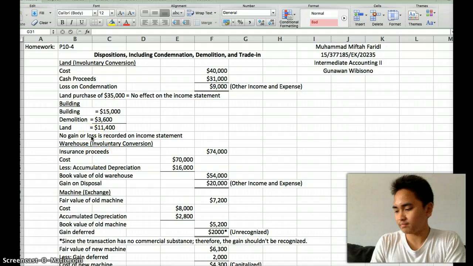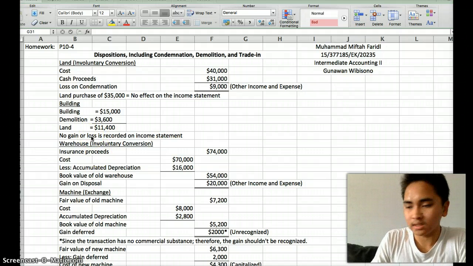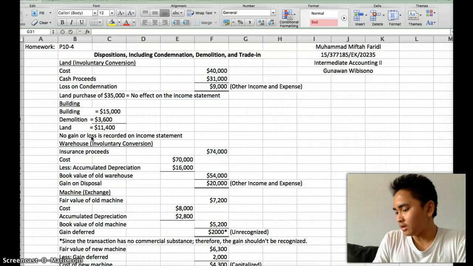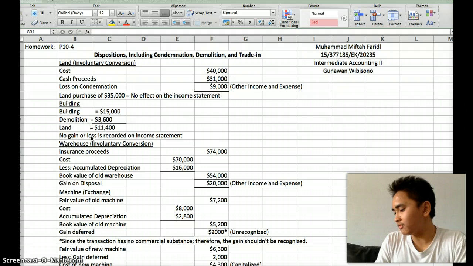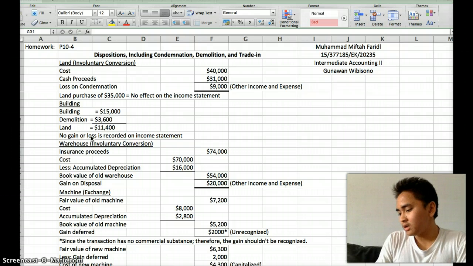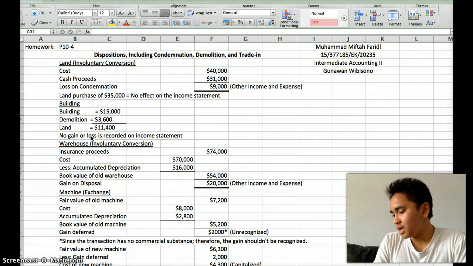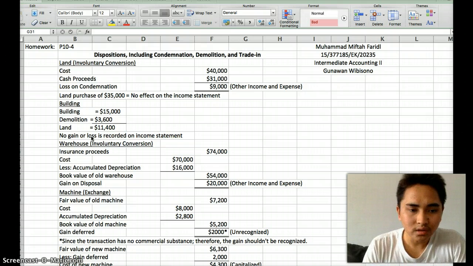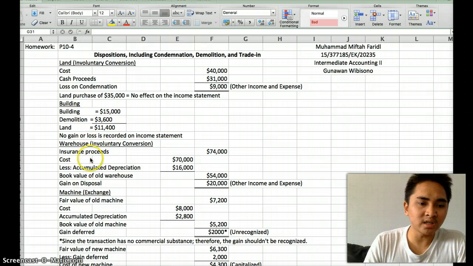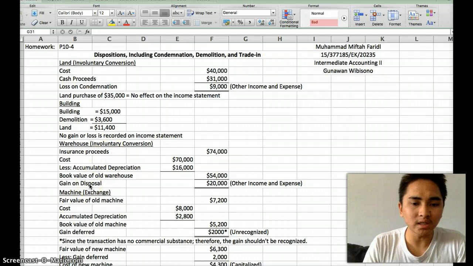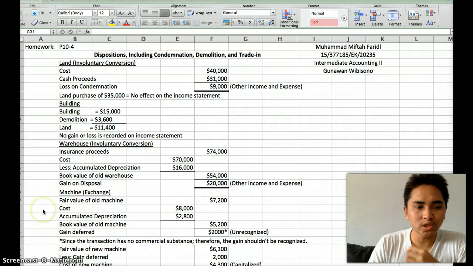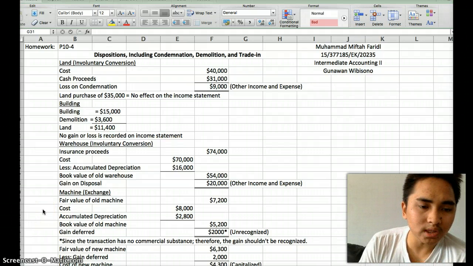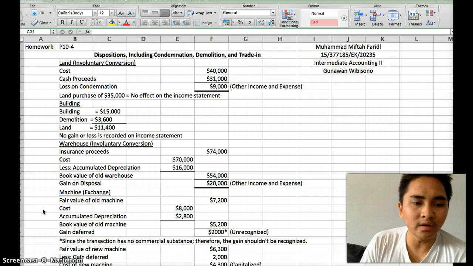Okay, the next one would be a transaction about the warehouse. On June 30th, the warehouse was destroyed by fire. The warehouse was purchased January 2nd, 2007, and had depreciated $16,000. On December 27th, the insurance proceeds and other funds were used to purchase a replacement warehouse at a cost of 90,000. So in this case, it's an involuntary conversion, which means the warehouse was accidentally burned by fire, and then insurance covered it.